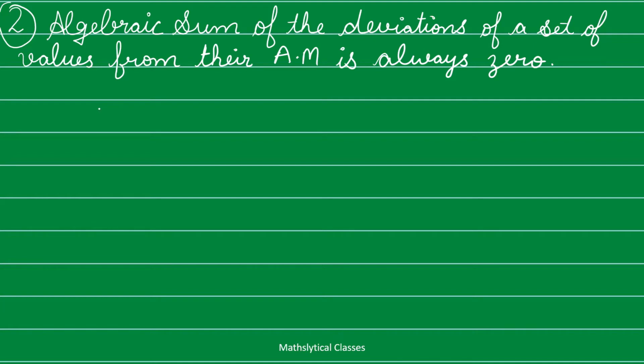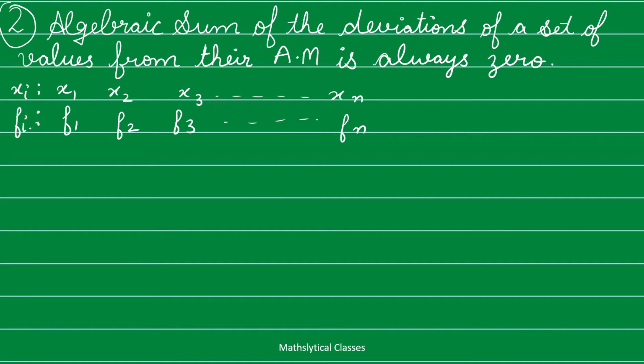if we have a frequency distribution x1, x2, x3, and so on to xn, these are the points, and we have corresponding frequencies f1, f2, f3, and so on to fn. We have to prove that the algebraic sum of deviations of a set of values from their arithmetic mean is 0.